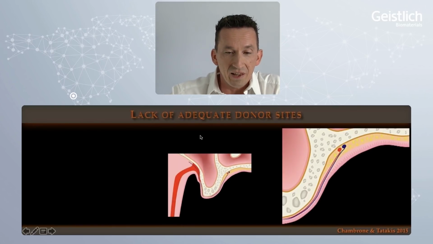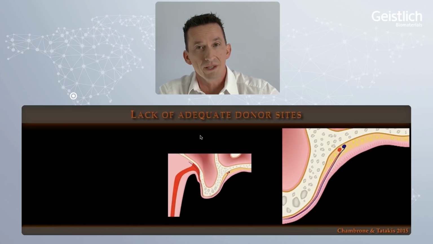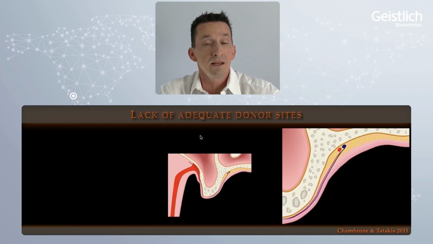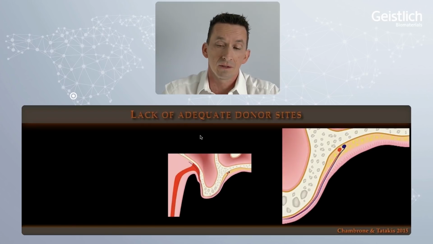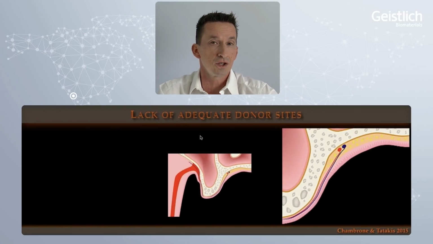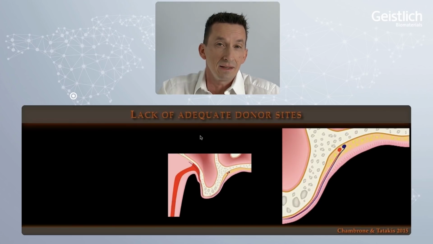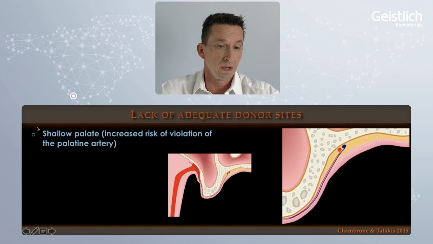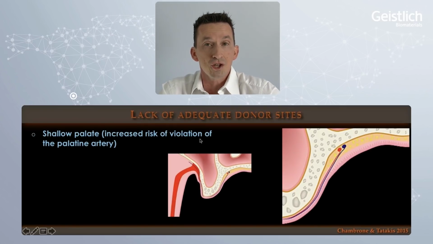What if we have a lack of adequate donor sites? In case of a flat palate, in case of a very thin connective tissue, in case of a very fatty connective tissue. In a shallow palate, we have an increased risk of violation of the artery.